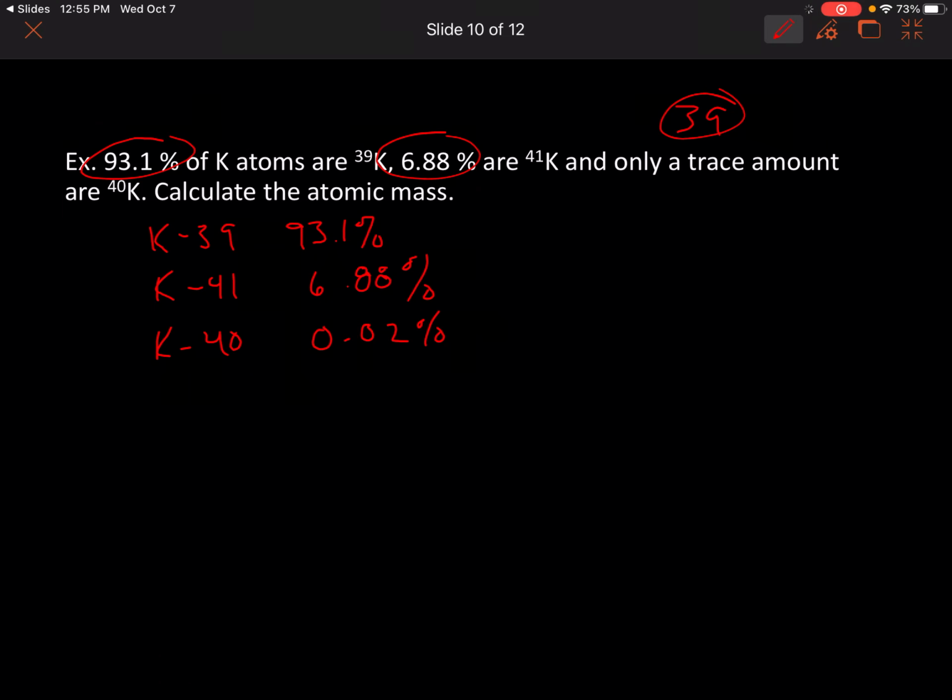Okay, so now what we're going to do, how you solve these, you're going to take the mass, which is like the 39, and you're going to multiply it by the percentage. But remember, percentages, it's actually not 93.1, it's actually 0.931. So divide by 100 for those percentages to get them into their real number. So I'm going to say mass, and then I'm going to add them all together.